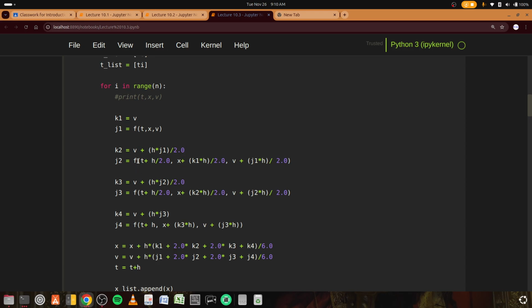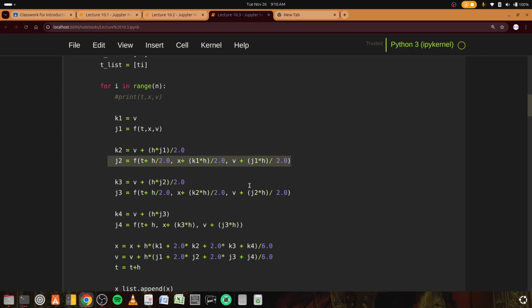That means if there is only one variable present in the Runge-Kutta method, just this will be the form, right? This J1 is the slope at that initial point. So this v will be the slope at the next point, K2 equals v plus h times J1 divided by 2. Then what will be J2?